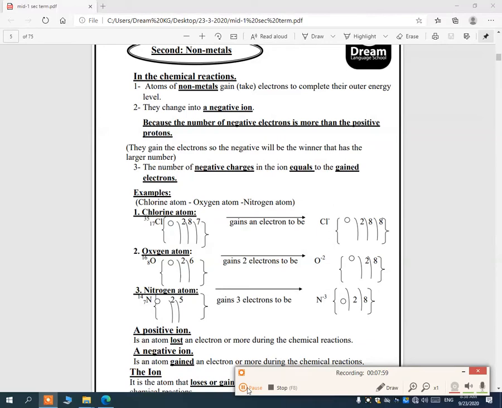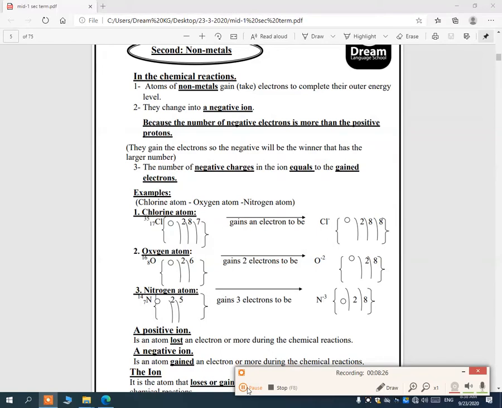The atomic number of chlorine is 17, so the electronic configuration will be K2L8M7. So it will gain 1 electron to be a negative ion, and its new electronic configuration will be K2L8M8, which is a stable form of chlorine. Next, the oxygen atom.